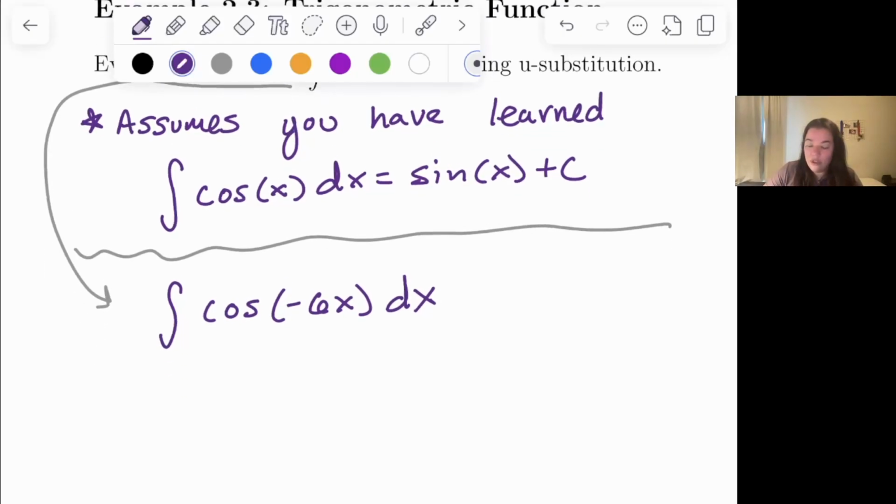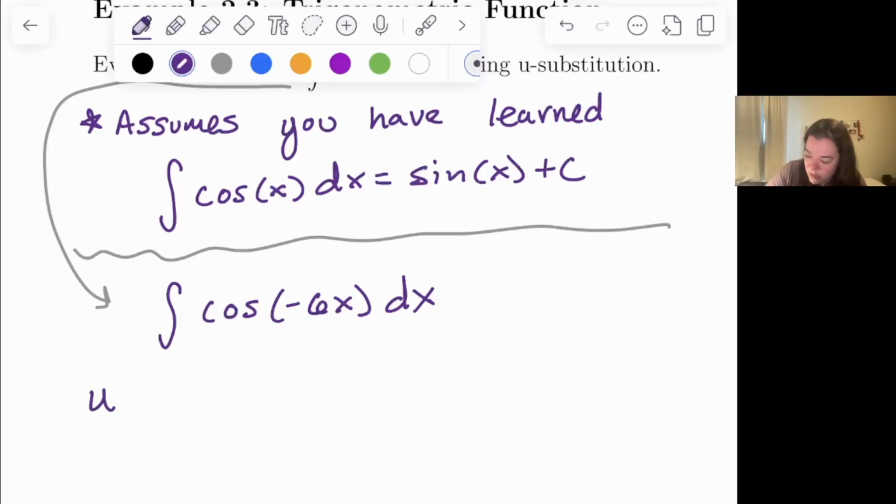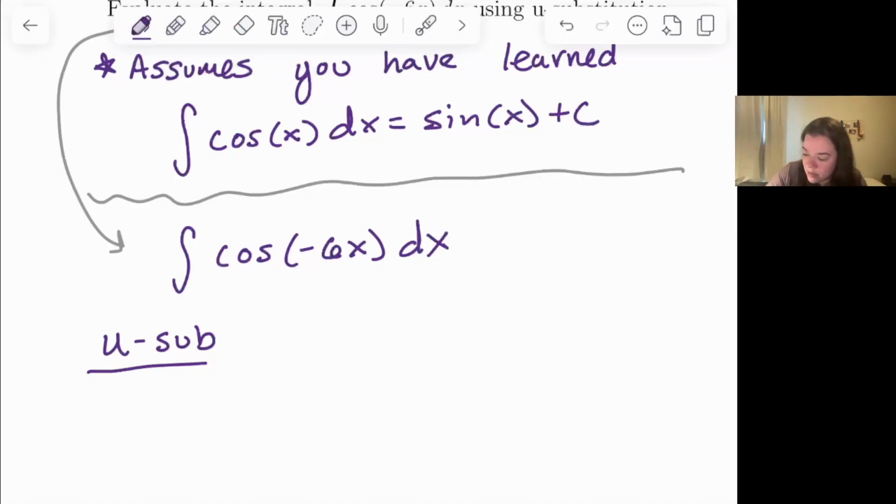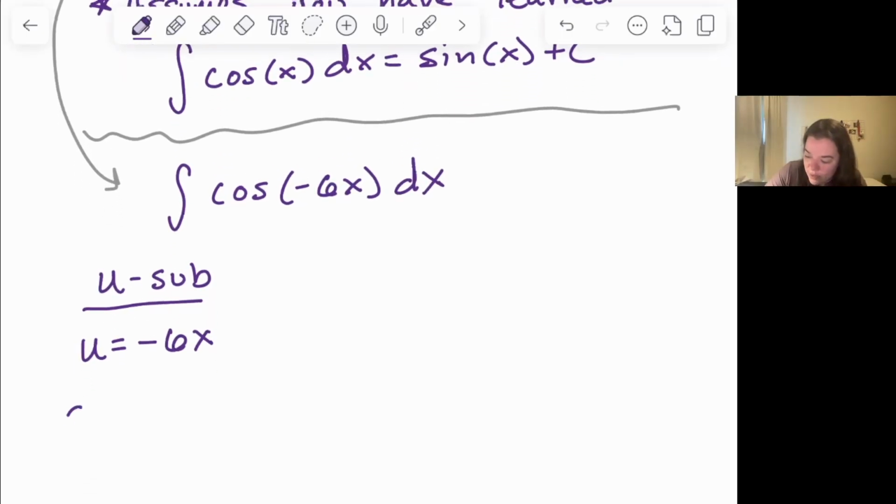And we have to look at this and say, okay, I believe this is a u substitution. A little wisdom and experience tells me let's pick my u to be this inside function here. And watch what happens. u is equal to negative 6x. The derivative du, well, what's the derivative of negative 6x? It's negative 6 dx, right? We move that differential dx over.